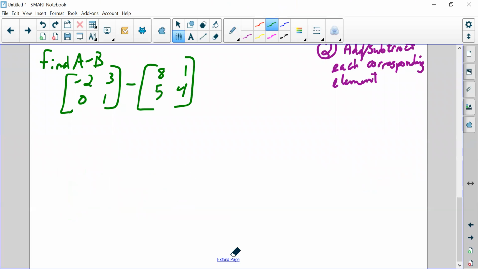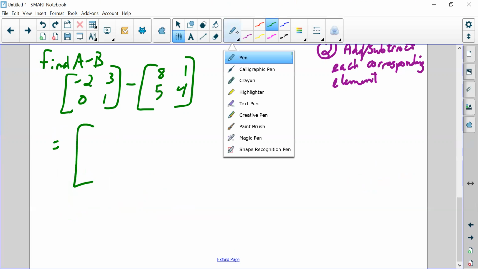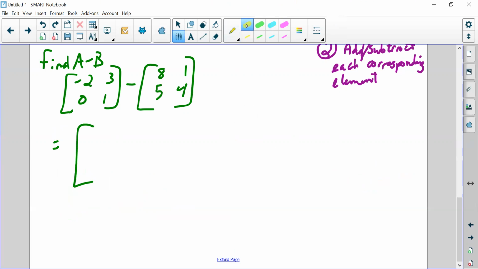Now, to figure out what this is equal to, I'm going to take each corresponding element. So I'm going to take this -2, which is in our first row, first column, and I'm going to subtract the first row, first column from the second matrix. And that answer is going to be my first row, first column in my answer matrix. So, what is -2 minus 8?